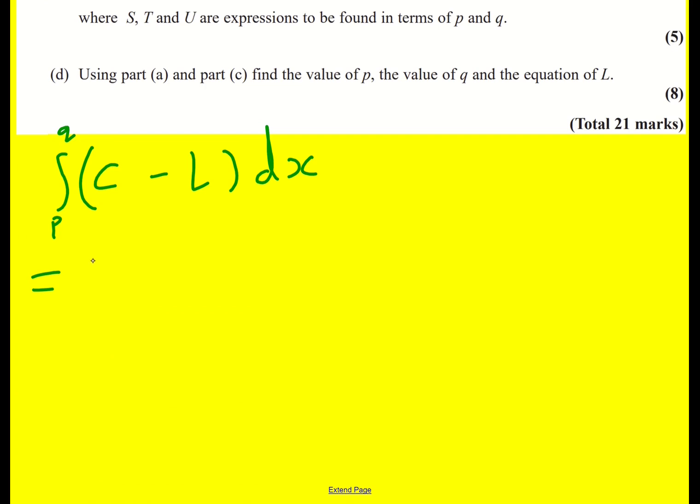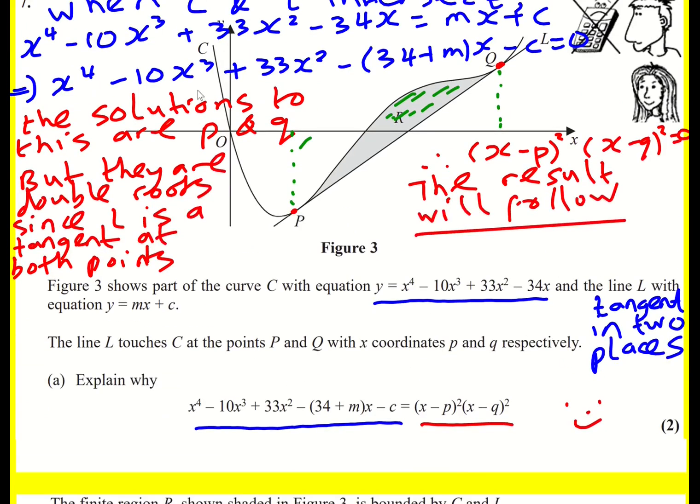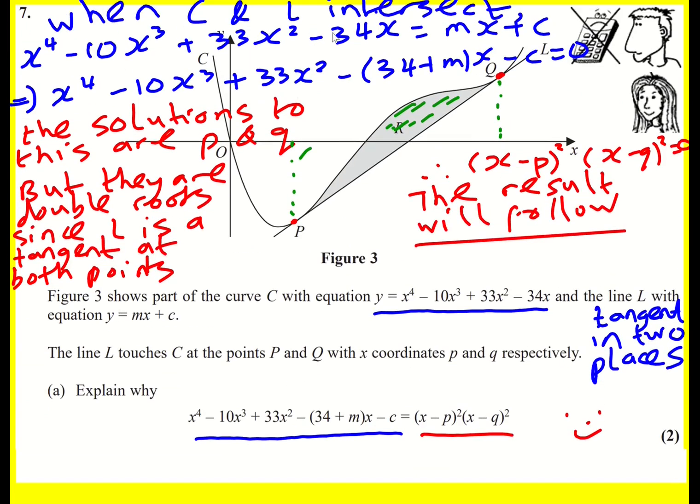So that will give essentially what we had in part A. We had x to the 4. I want to show this in full. So remember, in part A, we had this and then we subtracted the line. So we're going to get the same thing.